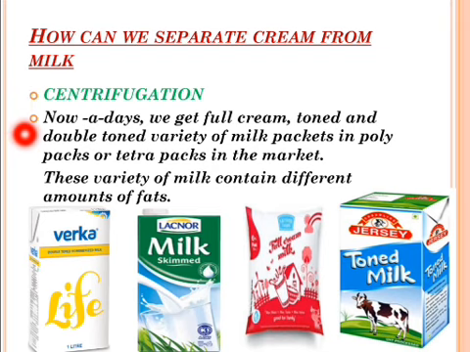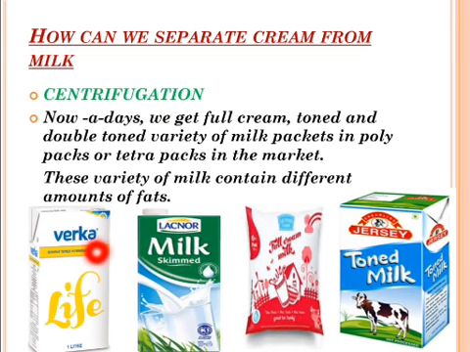It means milk is a mixture of fats, sugar, minerals, water, etc. Even nowadays, we get full cream, toned, double toned, or skimmed varieties of milk in poly packs or tetra packs in the market. What is the meaning of full cream, toned, double toned milk? These varieties of milk contain different amounts of fats.